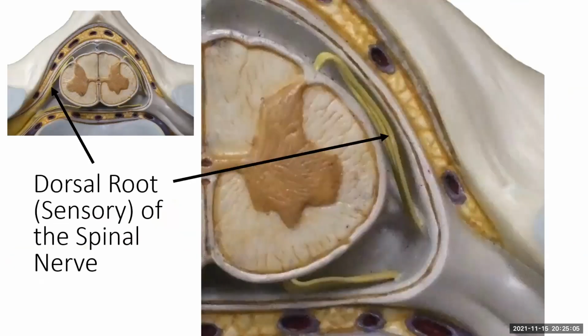All right, spinal nerve. Then you'll notice as we zoom in here close to the spinal cord itself, you see these little strands here, these little yellow strands. Well, that contains the sensory neurons. So we can call those either the dorsal root of the spinal nerve or the sensory root of the spinal nerve, also known as the posterior root.